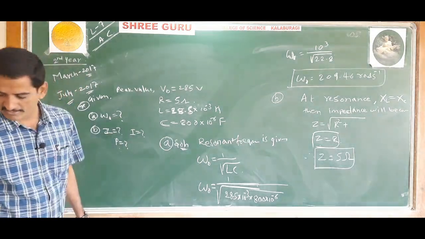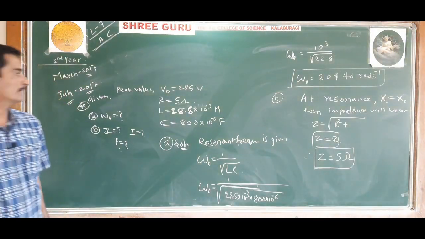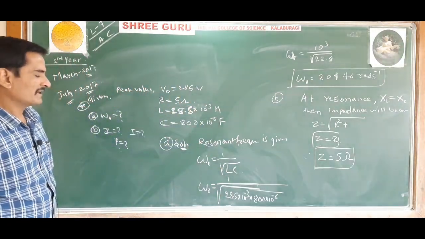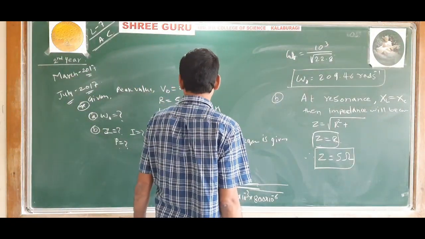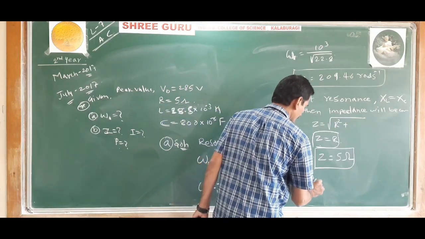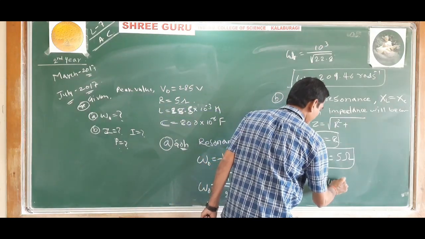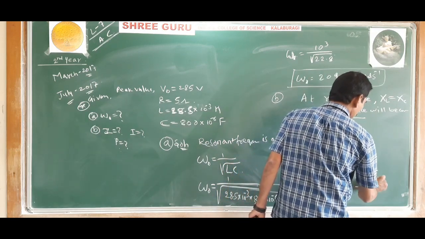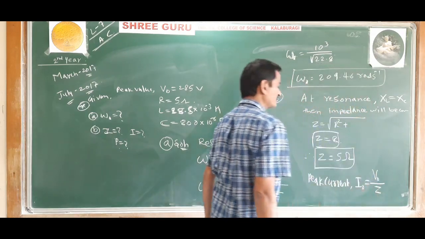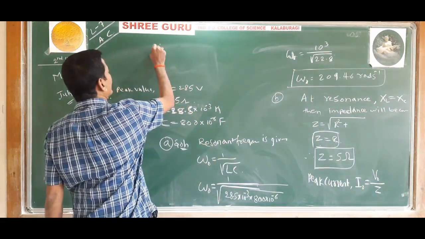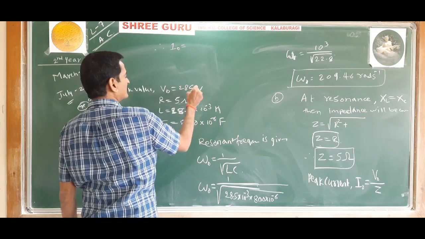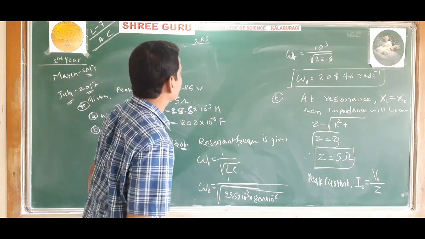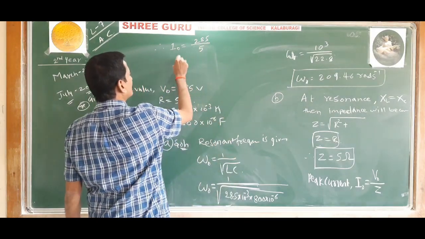Then what else do we have to calculate? Current and power dissipated. We shall calculate peak current first. I naught is equal to V naught divided by Z. V naught is given, 285 divided by Z, and Z is 5, so 285 divided by 5.